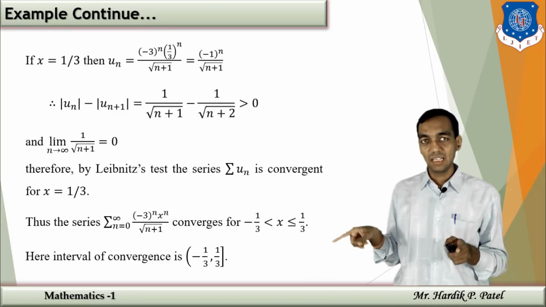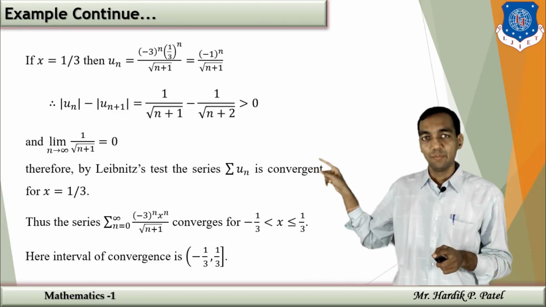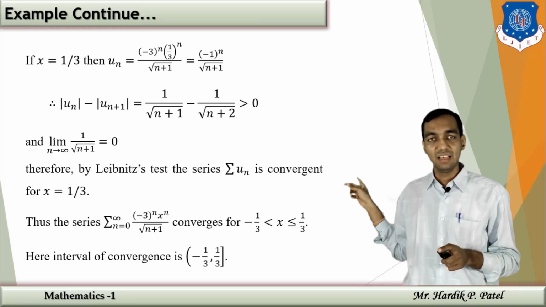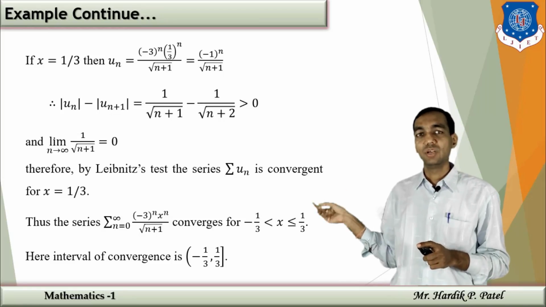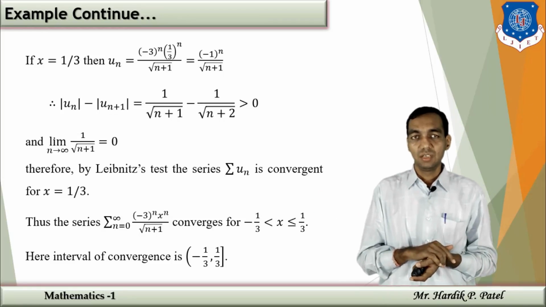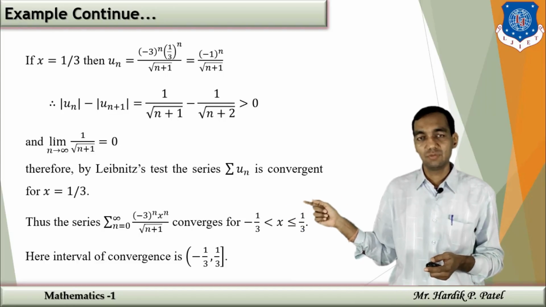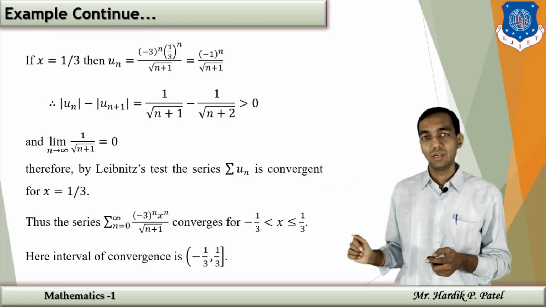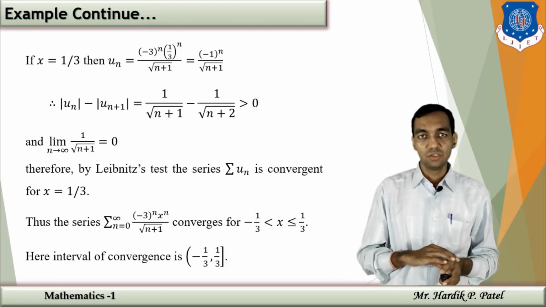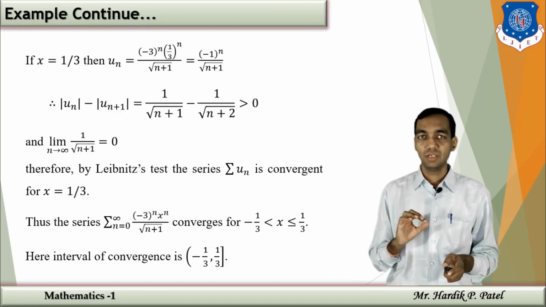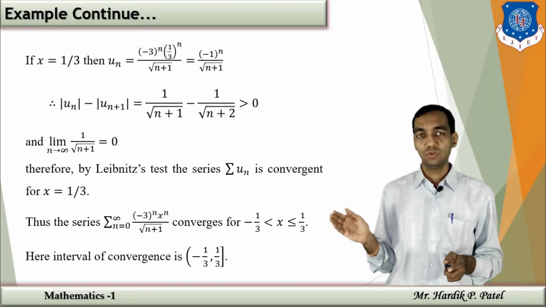So if you write the interval of convergence, minus 1 by 3 less than x less than or equal to 1 by 3, your series is going to be convergent, correct? And that's why you have to write open interval minus 1 by 3 to closed interval plus 1 by 3, correct? So that is your interval of convergence, open to closed.